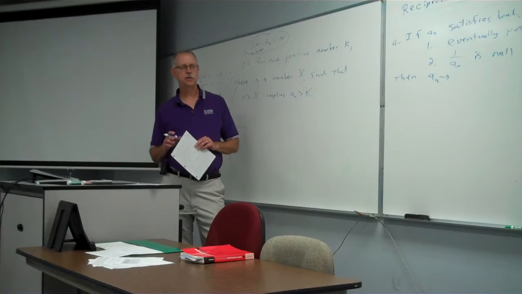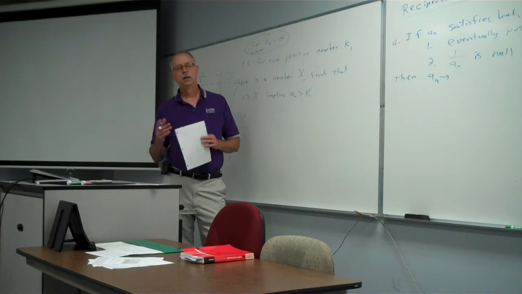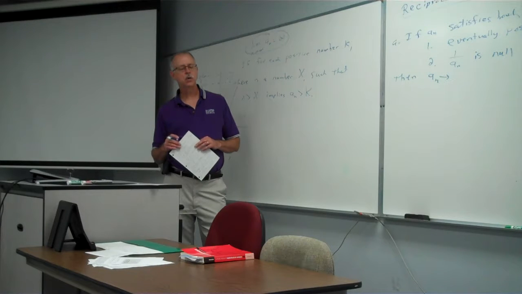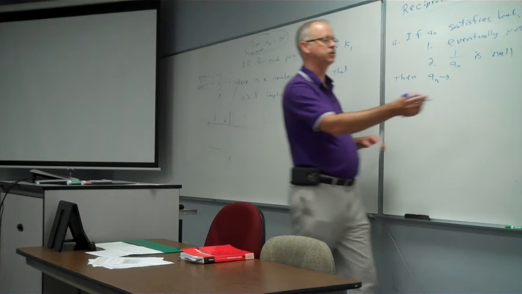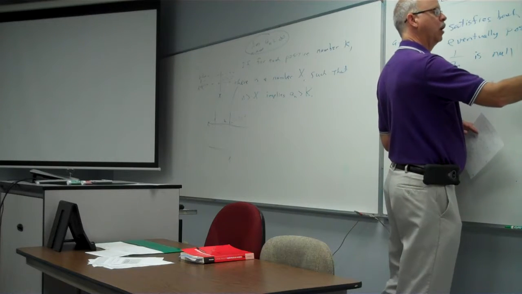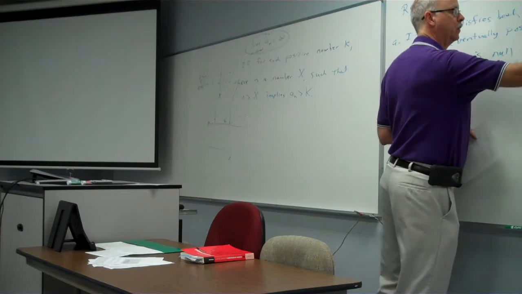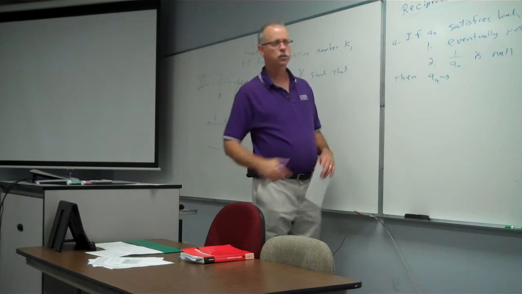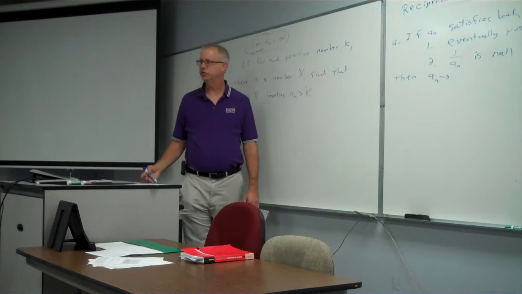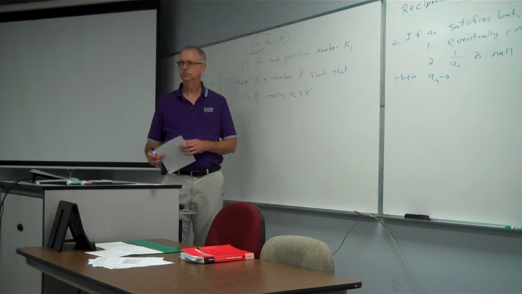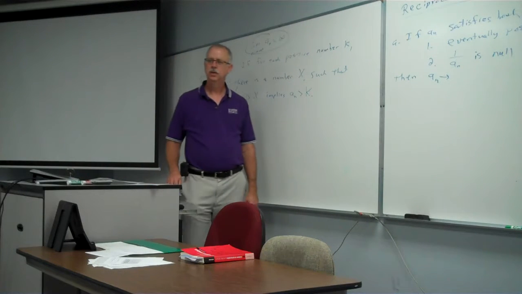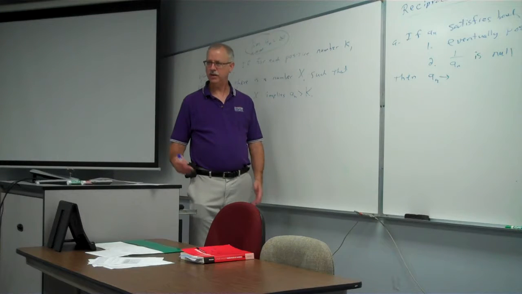I mean, if we think back to some of our standard null sequences, even with those, as we were arguing they were null, what was our argument? One of our standard null sequences was 1 over n squared. How did we argue that 1 over n squared was really headed to 0? Yeah, the denominator was headed off to infinity.